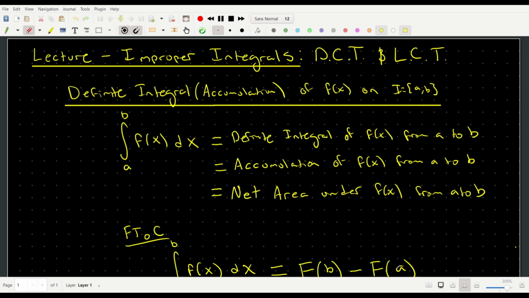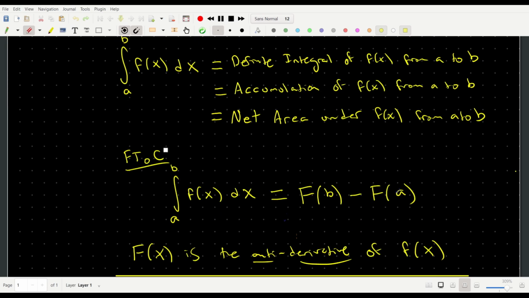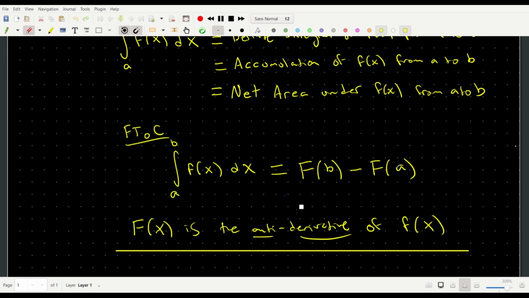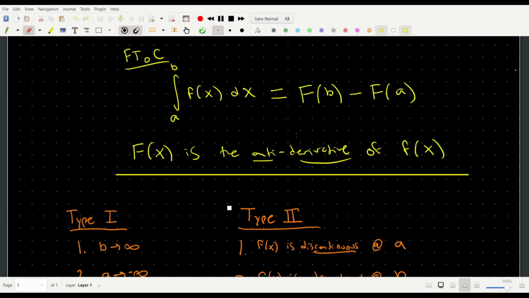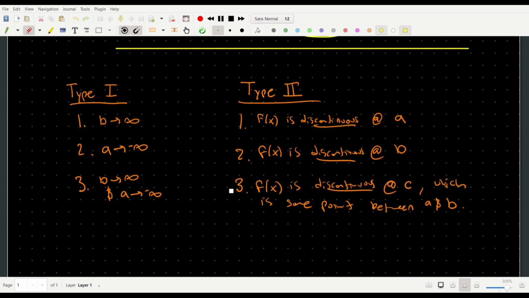So you'll remember that we defined the definite integral, or you should have seen the definition of a definite integral in your Calculus 2 course, your previous calculus course. But I reviewed this in the previous lecture, and the previous two lectures. The main idea is that in these previous two lectures, we went over the classification and examples of improper integrals of type 1 and improper integrals of type 2.